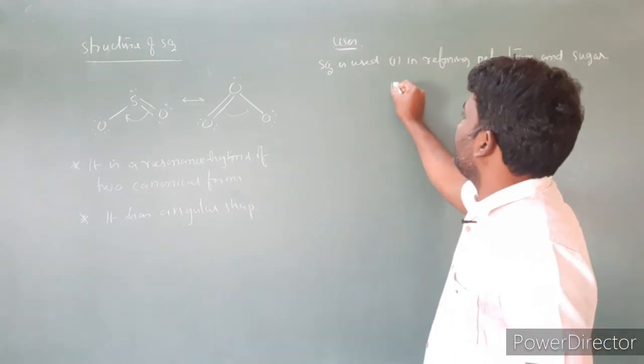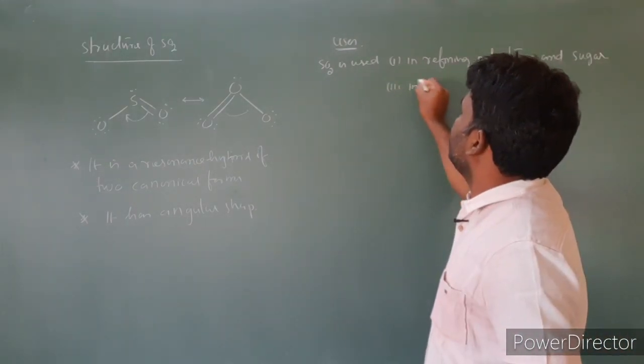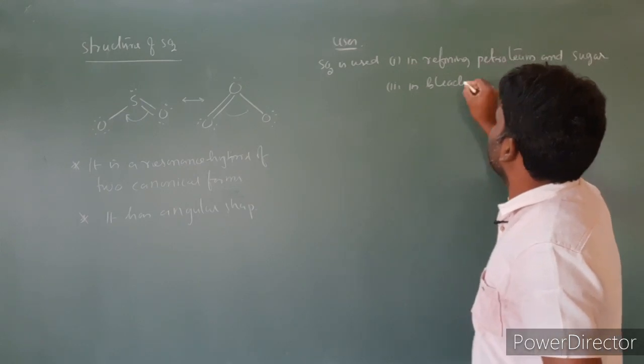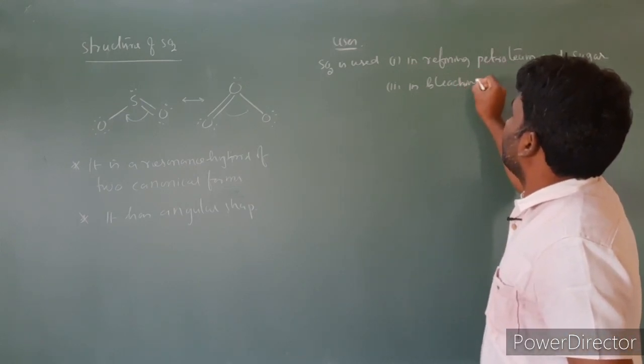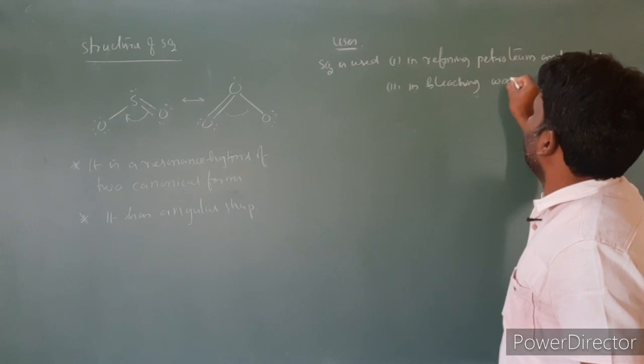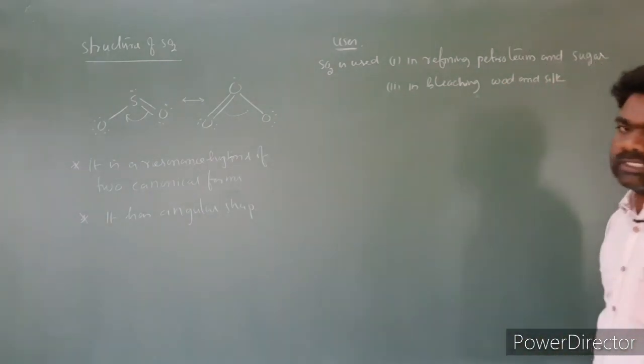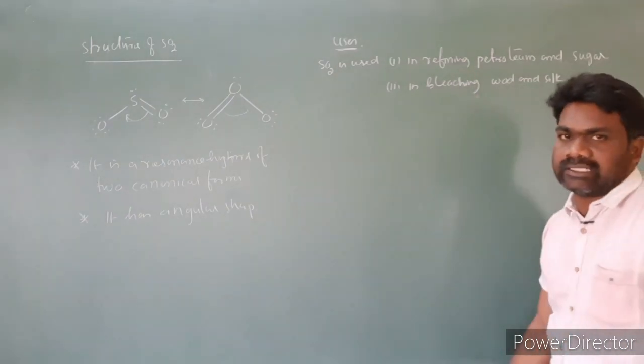The next one is in bleaching wool and silk. In bleaching wool and silk, we will use sulfur dioxide.